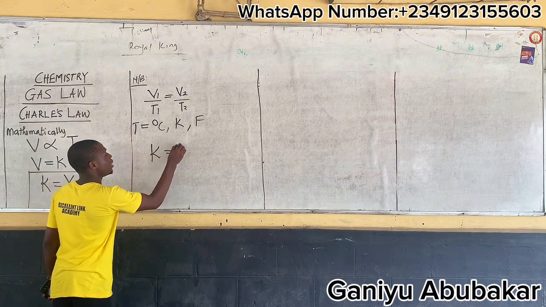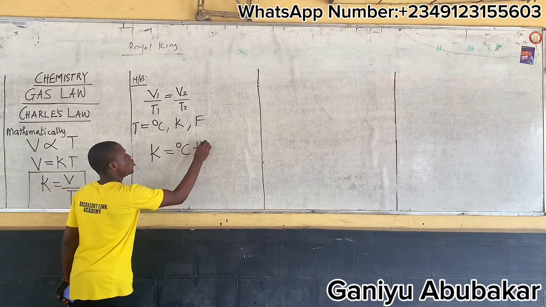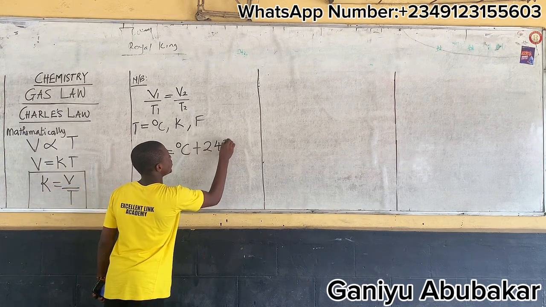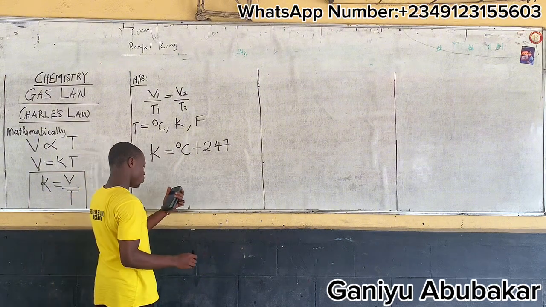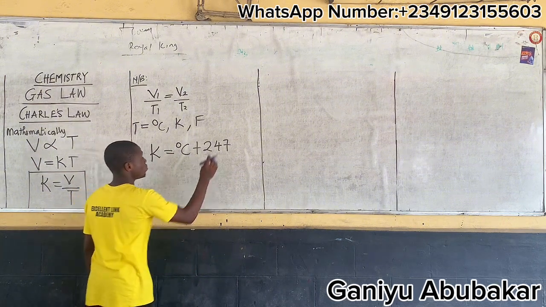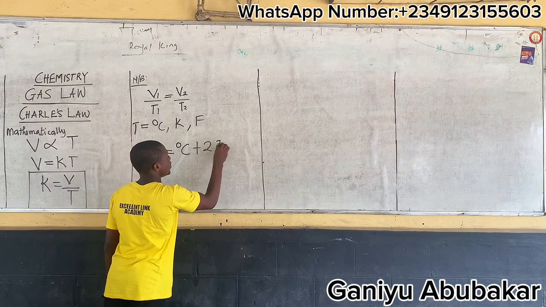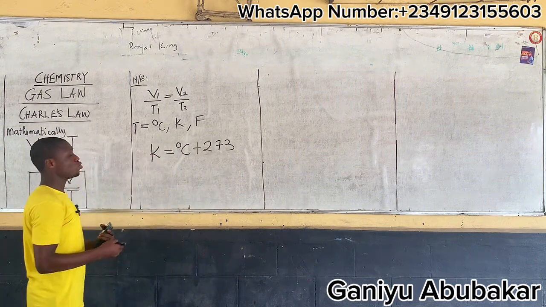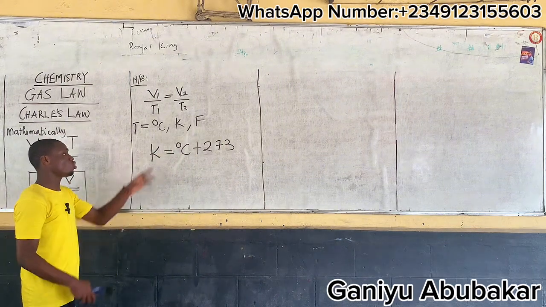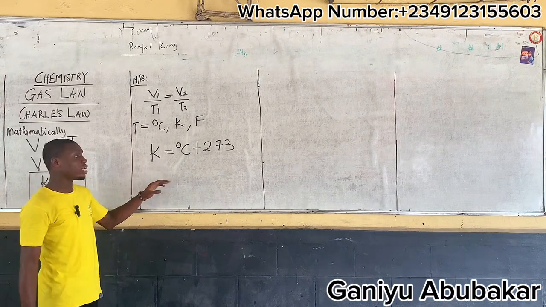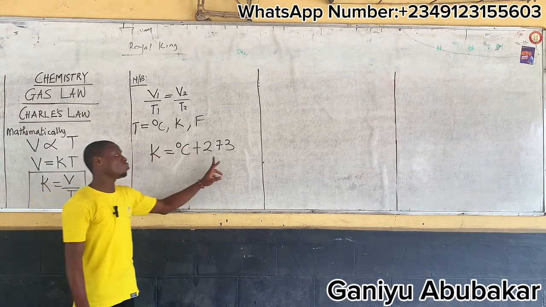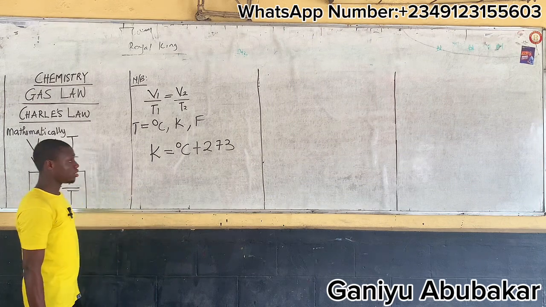Kelvin is equal to degrees Celsius plus 273.